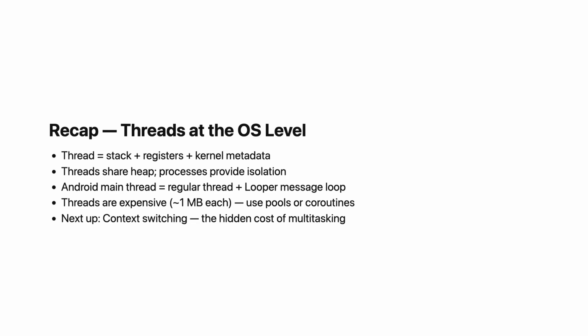The Android main thread is just a regular thread running a message loop, and blocking it causes ANRs. Threads are expensive, about 1 megabyte each, which is why thread pools and coroutines exist, to amortize that cost. And thread.sleep blocks a real thread, while coroutine delay simply suspends and gives the thread back.